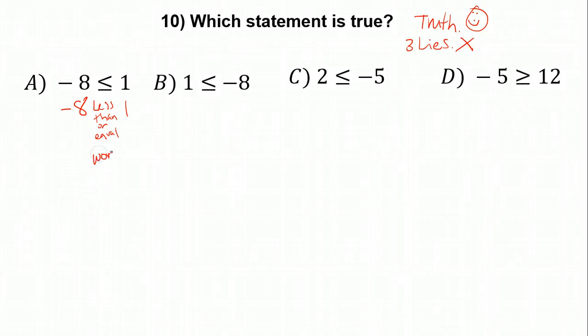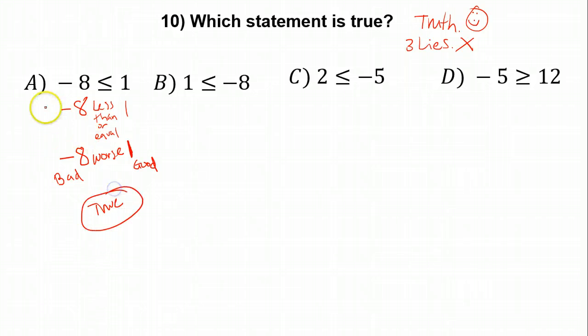If you want to think of negatives as bad things and positives as good things, is 8 bad things worse than 1 good thing? Well, yes, bad is always worse than good. So we kind of found our statement in letter A.